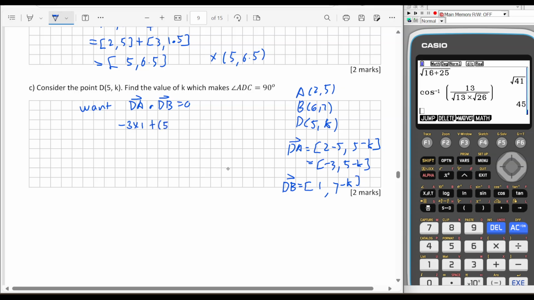And it's 5 take k with 7 take k, to equal 0. That's what we would like. So minus 3 plus 35, take 5k, take 7k plus k squared to equal 0. So that's k squared, take 12k plus 32 to equal 0.